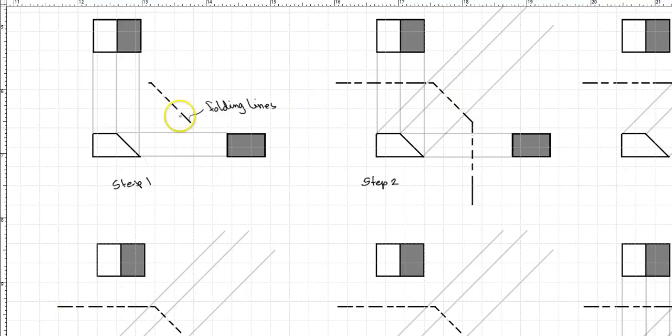So in the first step, we found and drew the folding line. We have our line of sight for our auxiliary view. Now in step 2, we are going to get our distances and measure it.